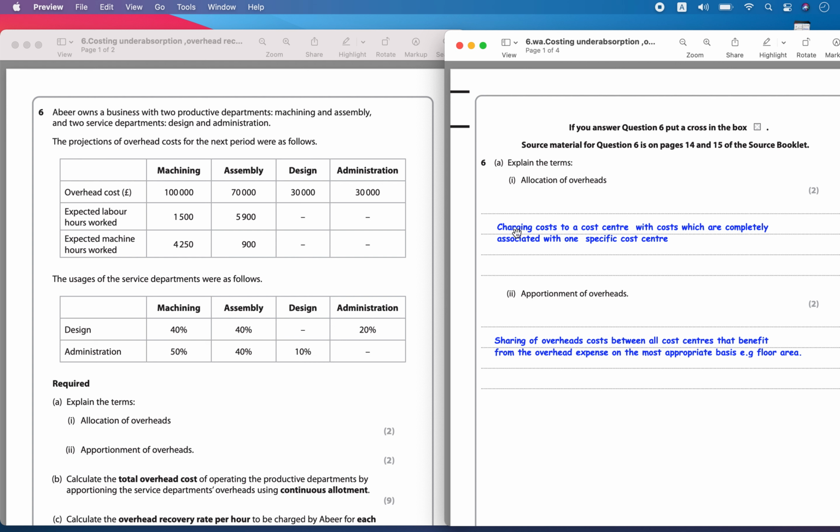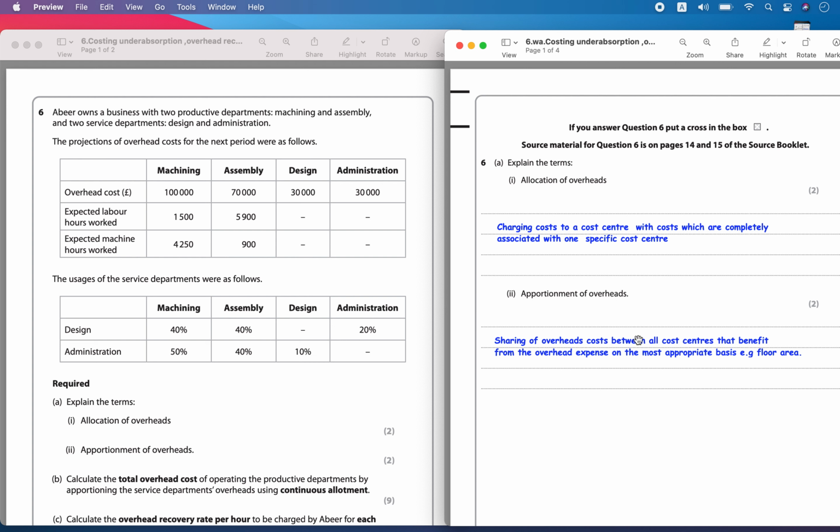Explain the terms allocation of overheads. Allocation is charging costs to a cost center when the costs are completely associated with one specific cost center. If the maintenance cost or the overhead cost can be identified with one specific cost center, then it is allocation of overheads.